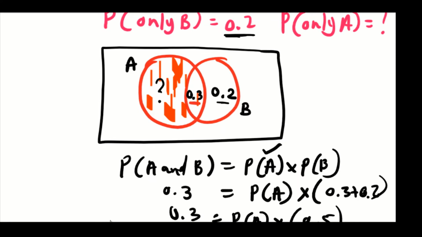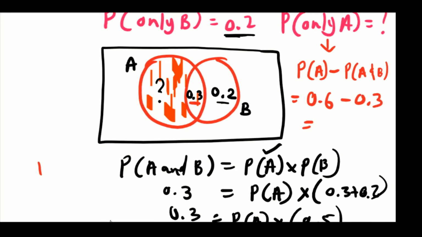So for us to find the probability of only A, it's going to be the probability of A, the entire A, minus the intersection, which is probability of A and B. So that is 0.6 minus 0.3, which would be 0.3.